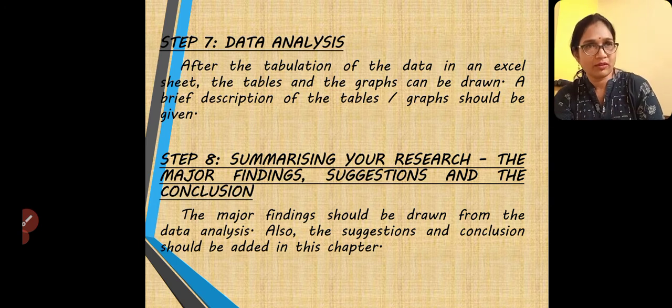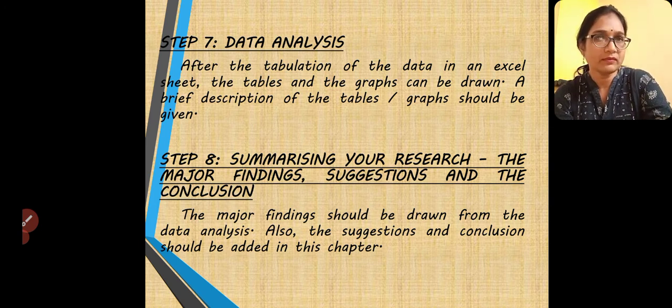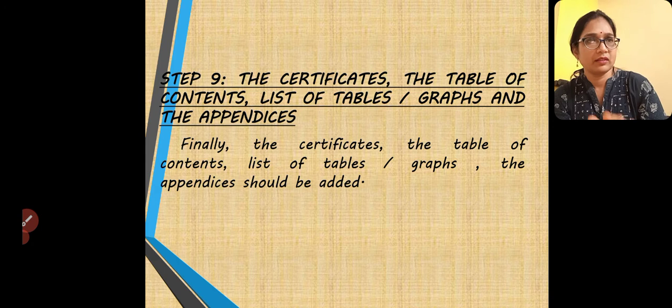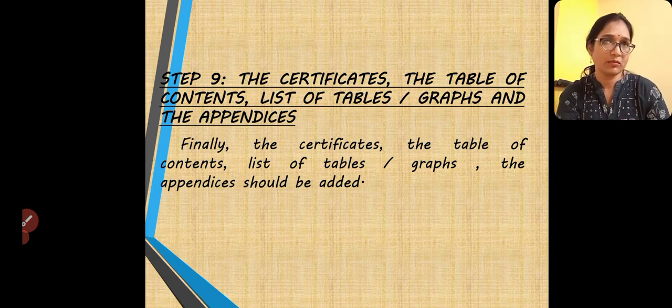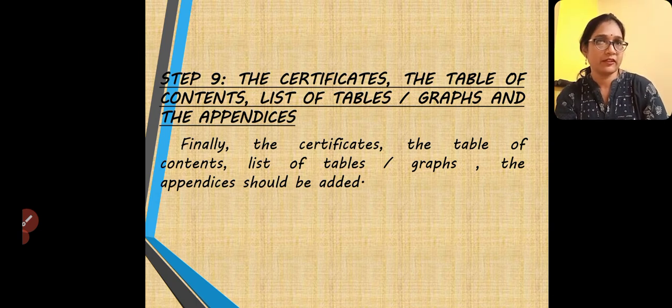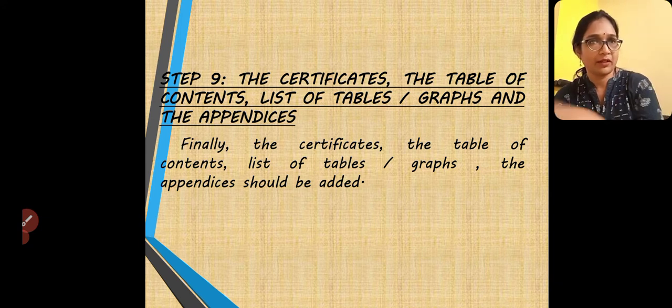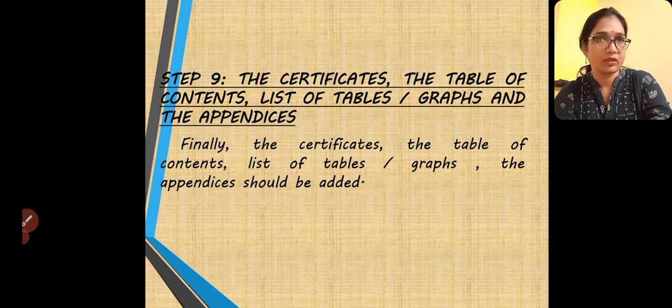Try to be honest in that. Once this is done, your major research project is completed, then you can write the certificates, the table of contents, the list of tables, graphs, and the appendices, which have to be added at the beginning of your research project.